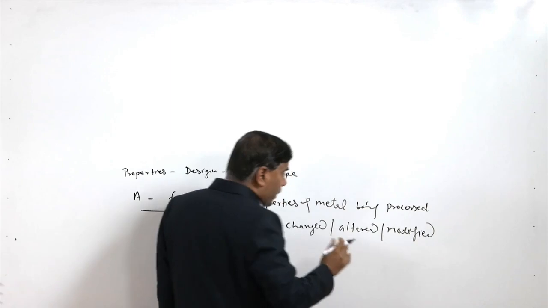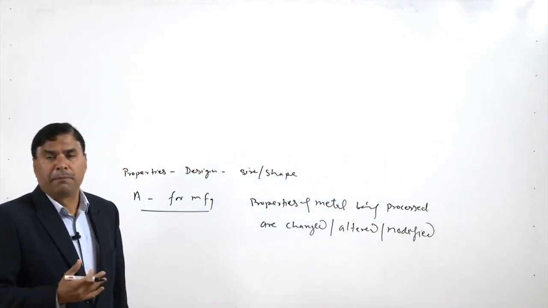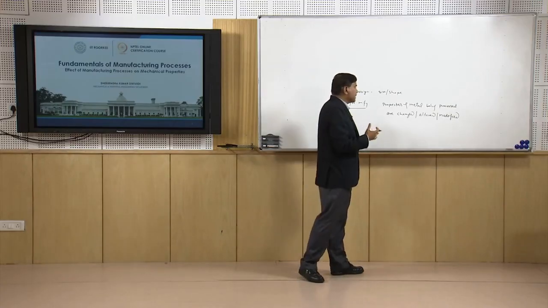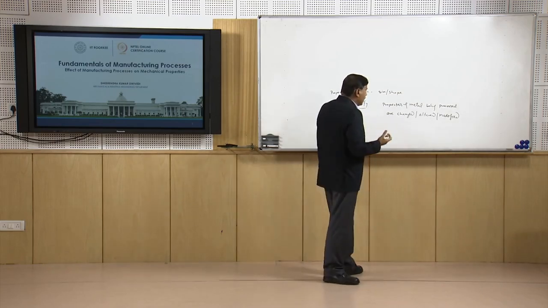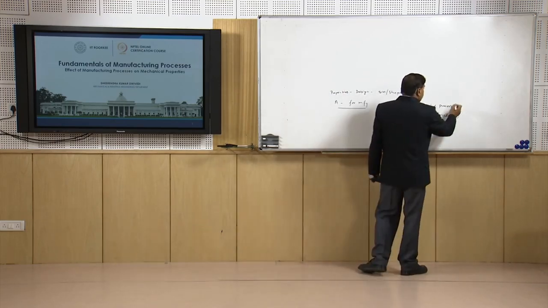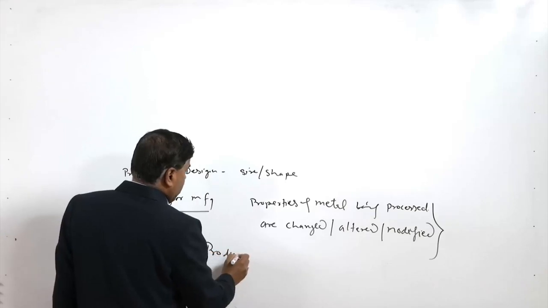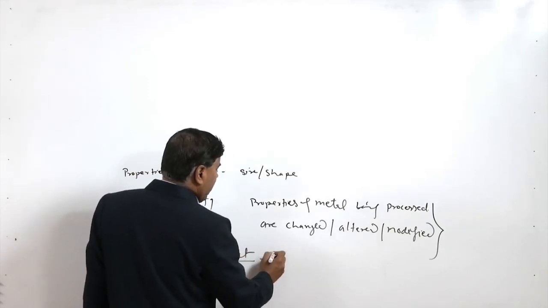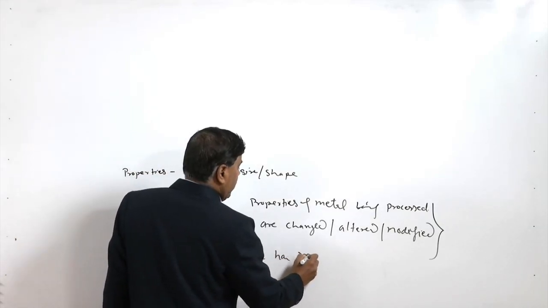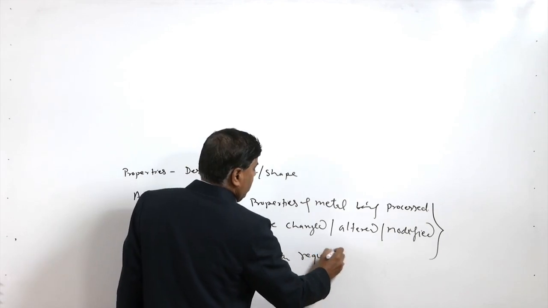What kind of modification or change in properties of the material takes place, that we need to see, so that even after the manufacturing, the final product whatever is made has the required set of the properties.